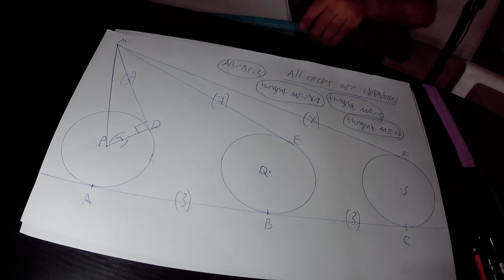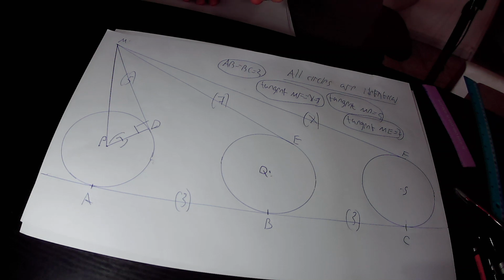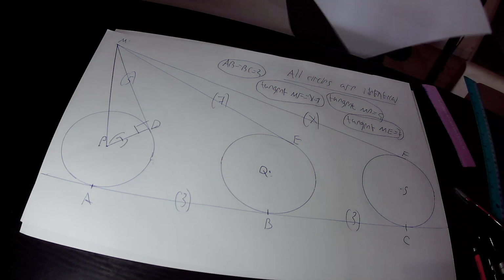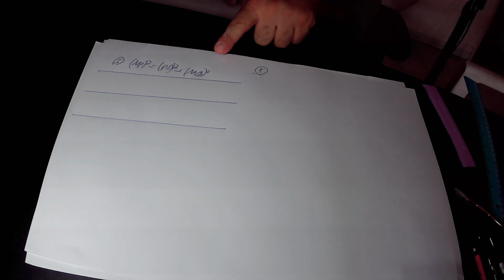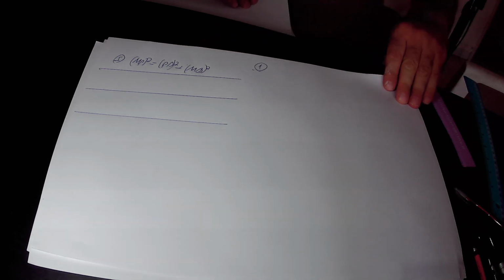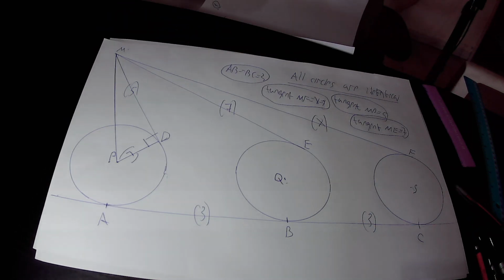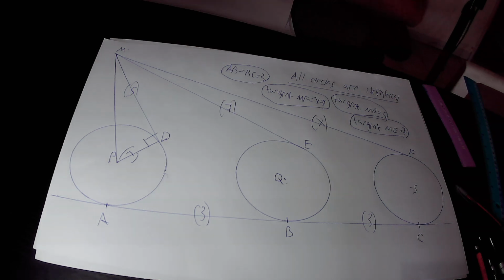Again, according to the Pythagoras theorem in this right triangle MPD, MP squared equals PD squared plus MD squared. MP is the missing side, so we leave it as it is. So MP squared equals PD squared.